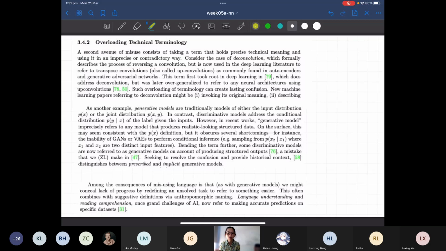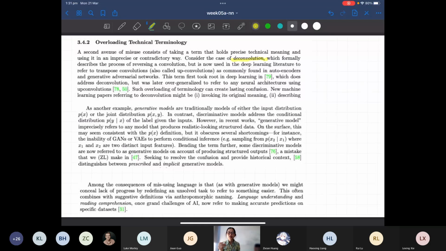Okay, the second one is overloading technical terminology. For those of you who have done object-oriented programming, overloading your class is actually a very expressive way of crafting your software, in a succinct and nice way. But overloading terminology is bad, right? Deconvolution used to mean that if you have a blurred image from a satellite, you can recover the blurring effects from motion, weather, and so on.